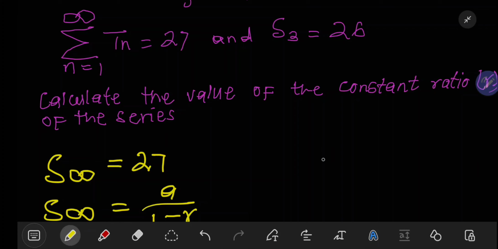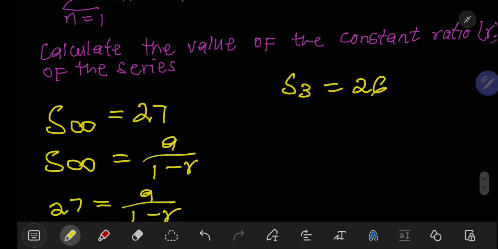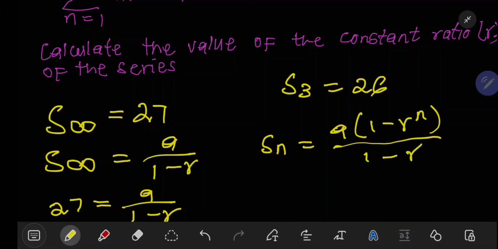And then they say the sum of 3 terms is equal to 26. So remember, how do we calculate the sum of values, not the sum to infinity? The sum formula for geometric is Sn is equal to a into 1 minus r raised to exponent n, divided by 1 minus r.